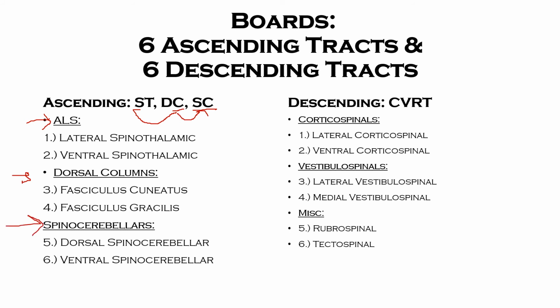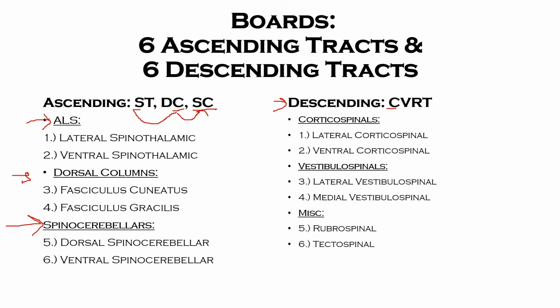So we first have to know what we're describing. We're going to describe the ALS, or the anterolateral system, spinal thalamics, dorsal columns, and spinocerebellars. ALS has lateral and ventral. Dorsal columns has fasciculus cuneatus and fasciculus gracilis. Spinocerebellars have dorsal spinocerebellar and ventral spinocerebellar. Then we're going to memorize 6 of our descending tracts here.